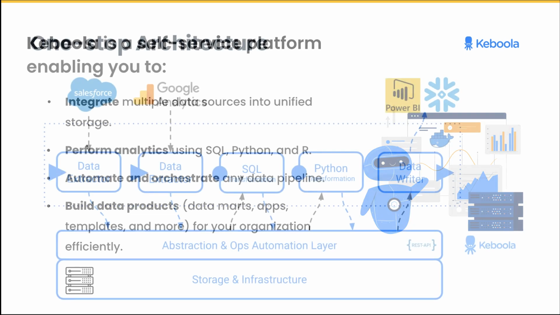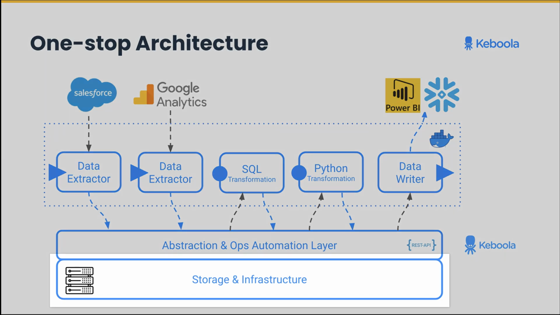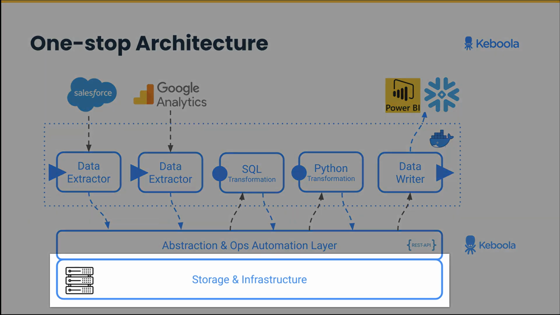Now let's walk through an example workflow that illustrates the way Keboola's architecture works from a high-level perspective. At the heart of Keboola is Keboola Storage, which is the central repository where all components interact with the data. This centralized storage is a key feature that distinguishes Keboola from other platforms.